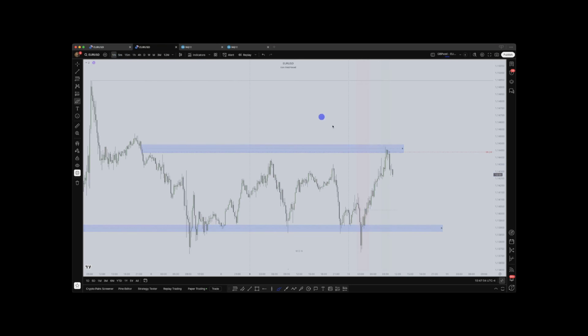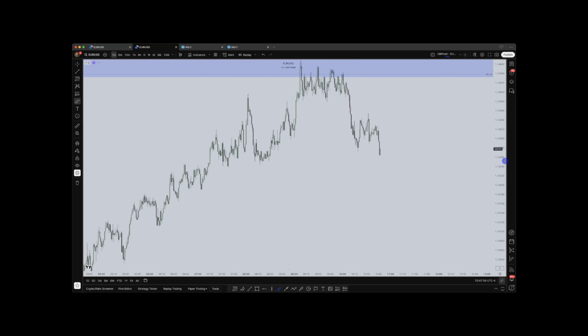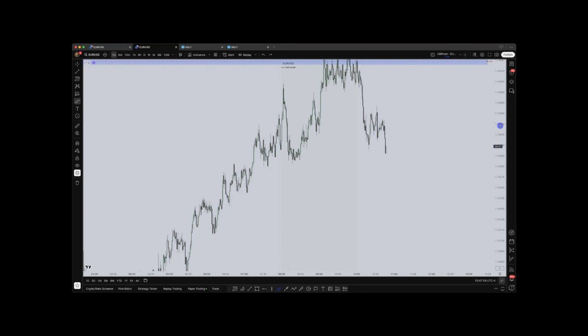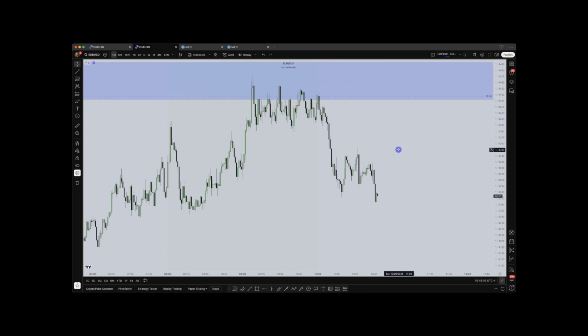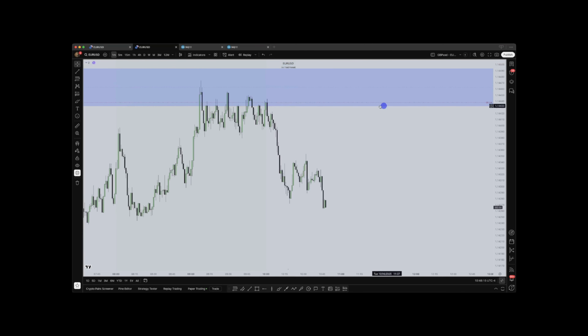Of course, lower time frame always. You see how it reacts to the midpoint, the wicks? Perfectly. And also the price, you see how price reacts to the midpoint of this consequent encroachment, this red dotted line.